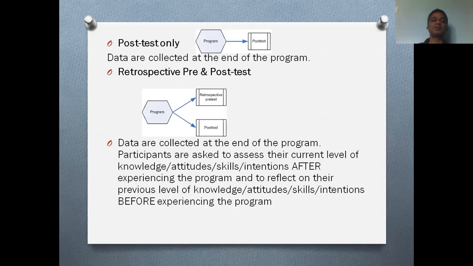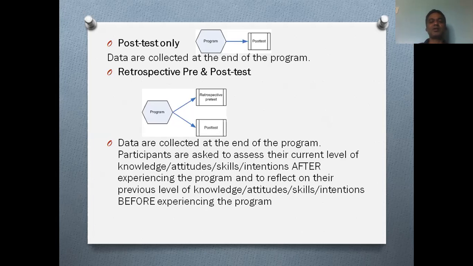Post-test only: after the training program is over, you collect the data from the trainees and do the analysis. So this is called post-test only, and you can find out the effectiveness after the training program is over. Then there is retrospective pre and post test.